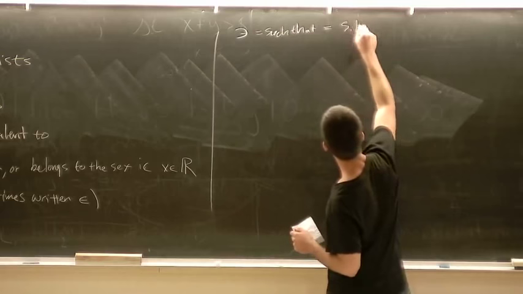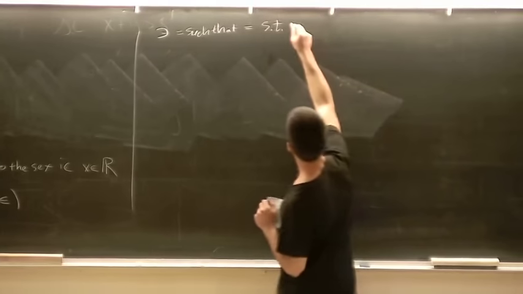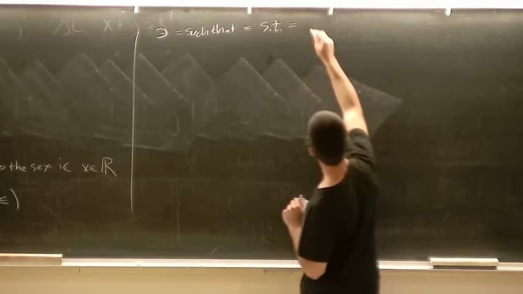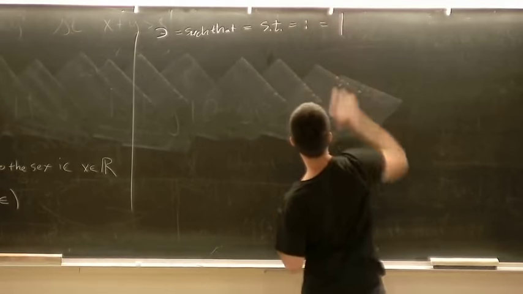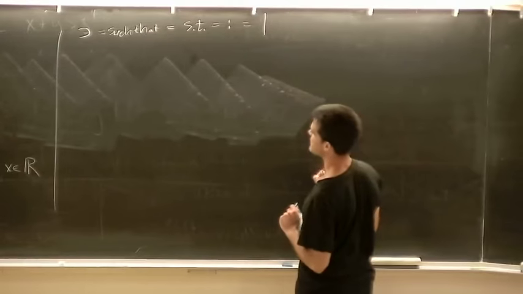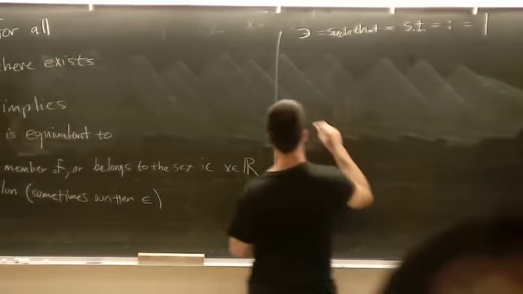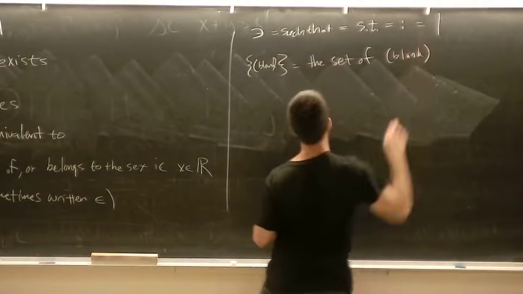Sometimes people just say ST. Sometimes people will use two dots, and sometimes people will use a vertical bar, for example, in set notation. If you see the curly brackets, that means the set of whatever is inside the curly brackets.